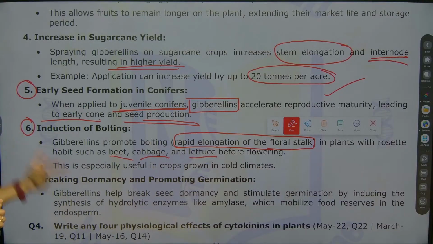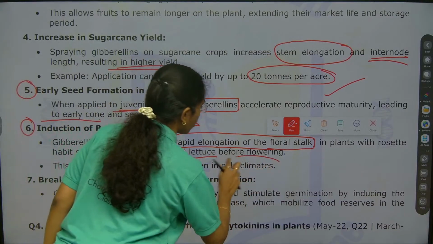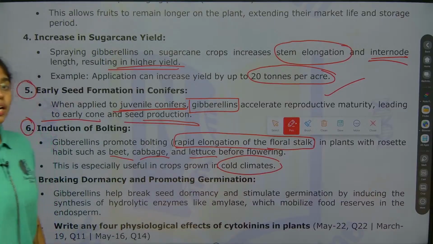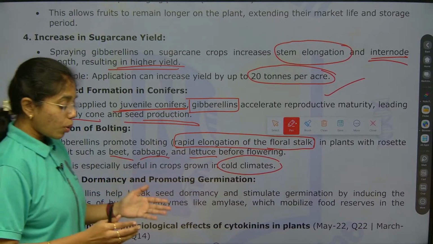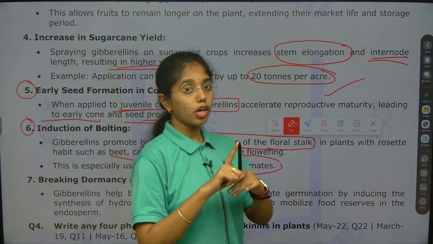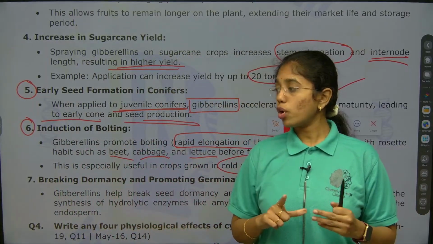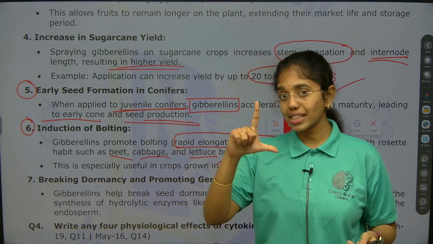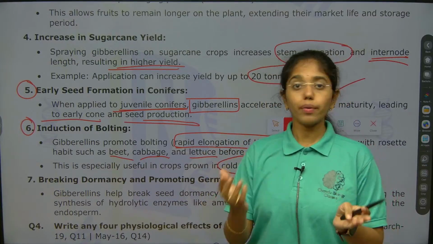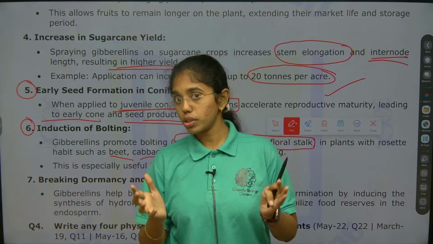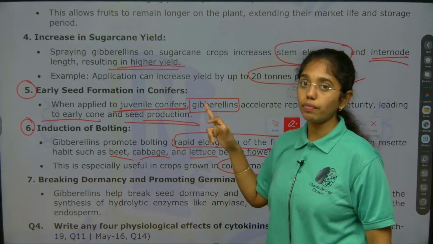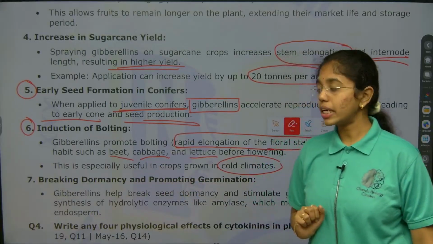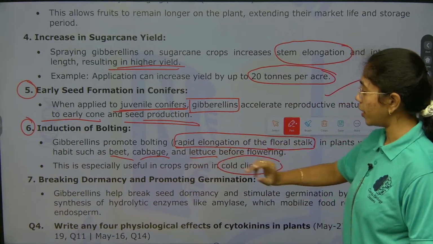This is especially useful in crops which grow in cold climates. Clear, right? When the floral stalk length is increased, that will give rise to broader vegetables and fruits. This is a major application that we use for rosette plants like beetroot, cabbage, lettuce.